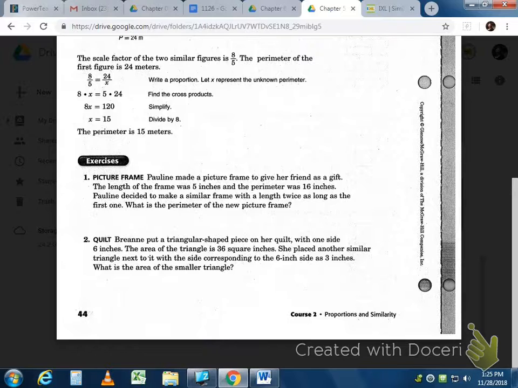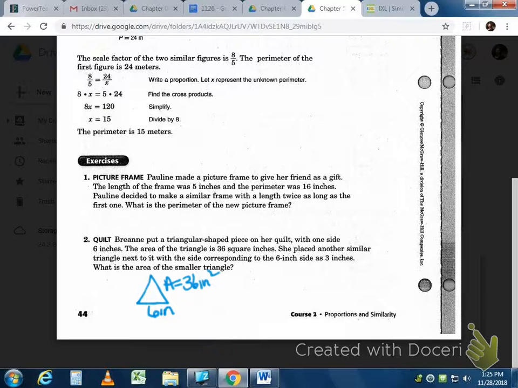So we are talking about area this time. So if I do a triangle, one side is 6 inches, and this one has an area of 36 square inches.